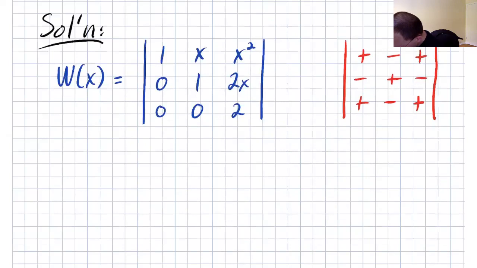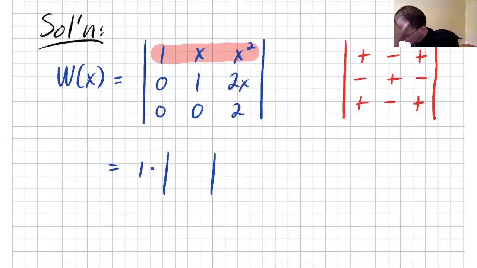So let me highlight that row. So we're going to use this row here as the row that we're going to use for doing our cofactor expansion. So the idea is that we have 1 times, and then there's a determinant of a 2x2 matrix. I'll explain what that is in a second. But importantly, this is a +1, and that comes from this sign pattern of this 3x3.